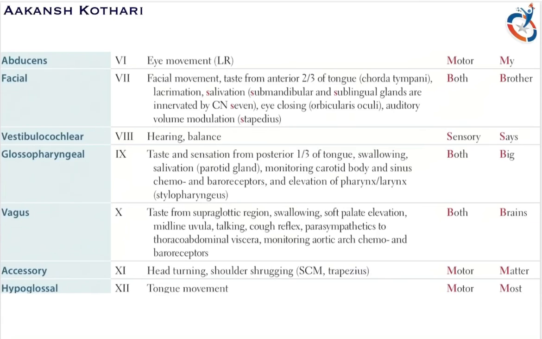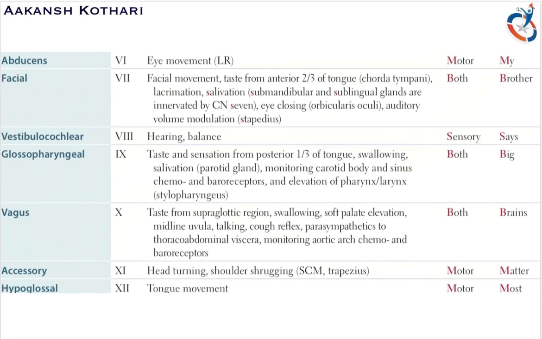Now, talking about the last nerve, which is also a motor nerve and controls the muscles of the tongue, that is the hypoglossal nerve. The hypoglossal nerve is very important in movement of the tongue. Is this clear? So these are the 12 cranial nerves, and each of their functions.